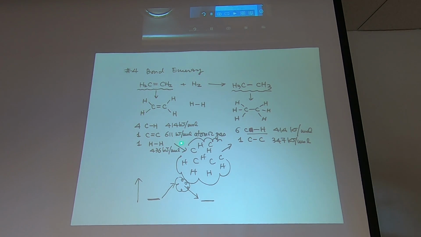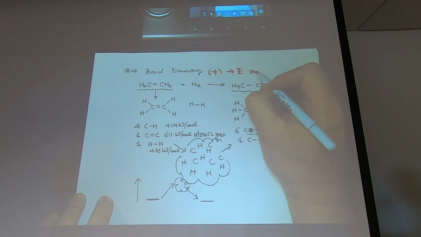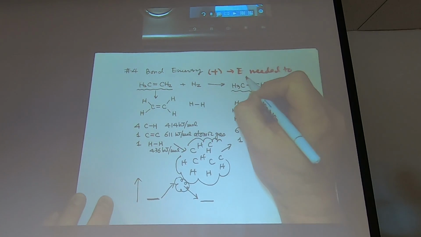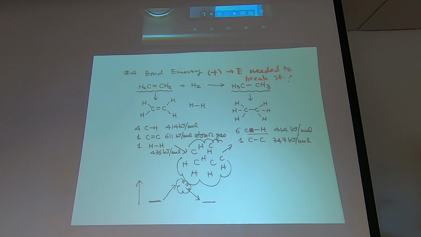So to make these states, these energies are needed, and to make these states, these energies are essentially liberated, given out to the system, so they will have a different sign. The bond energy itself is given as a positive number, because energy is needed to break it. So if that makes sense to you, then this is what it is.